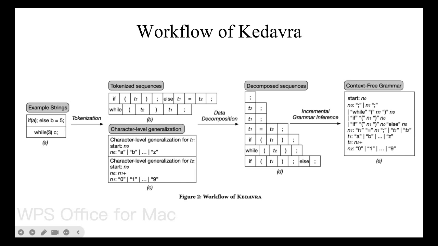The workflow of our method, called Kadawa, is as follows. First, we tokenize the example strings, and then we decompose the examples into simpler components. Finally, we infer the grammar from the simpler components incrementally.